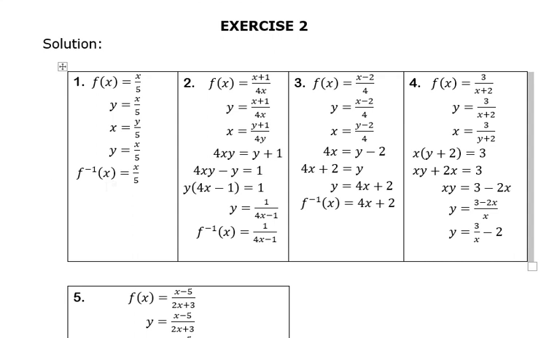We have found that f inverse of x is equal to f of x. So meaning the given function is equal to its inverse, or the function f of x and its inverse f inverse of x are equal.